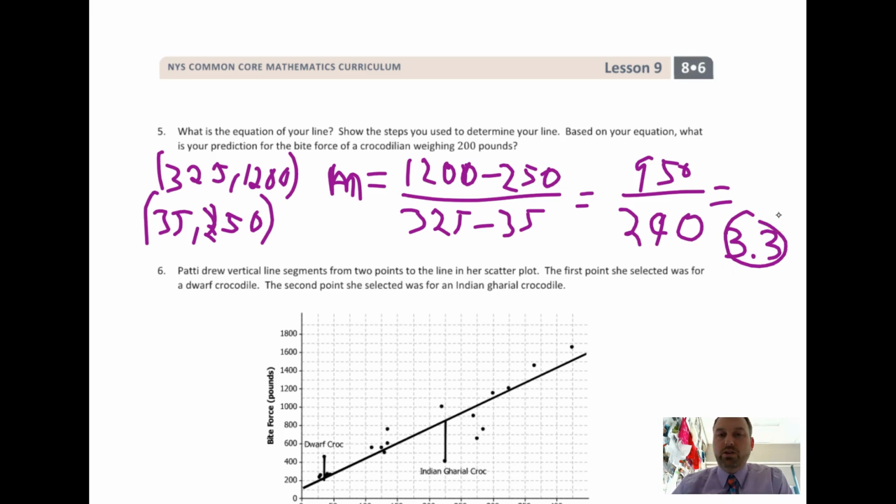Now we need to write down an equation that you've written down a whole bunch of times. What is it? That's right: y equals mx plus b. So 3.3 is going in for the slope.